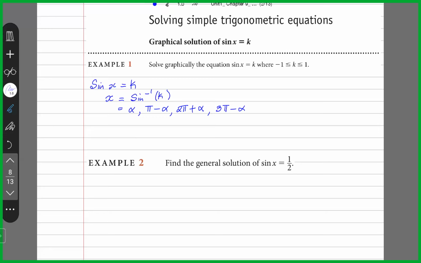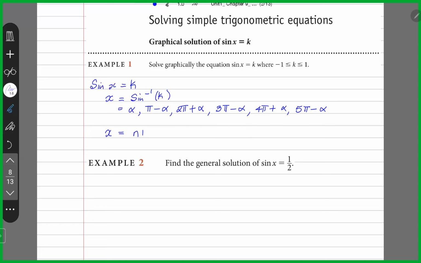So it becomes 2 pi plus pi is 3 pi minus alpha. And then 4 pi plus alpha, then 5 pi minus alpha.